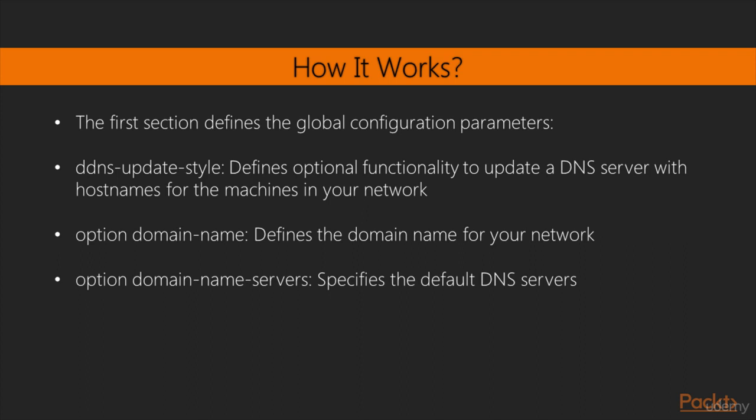Option domain-name-servers. This specifies the default DNS servers, which your client should use for domain resolutions. In this example, we've used Google's public name server, but you may instead want to use your ISP's name servers or a different public service.